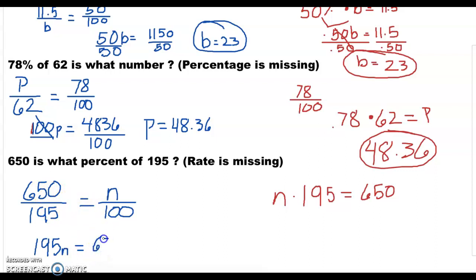You're going to get 65,000. Then you're going to divide it all by 195, and your answer will equal 333.3%.